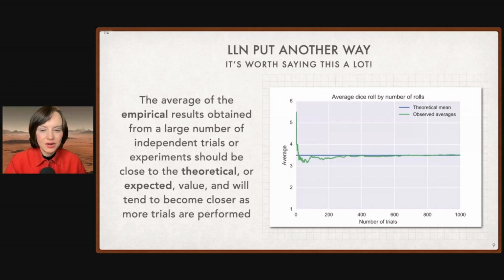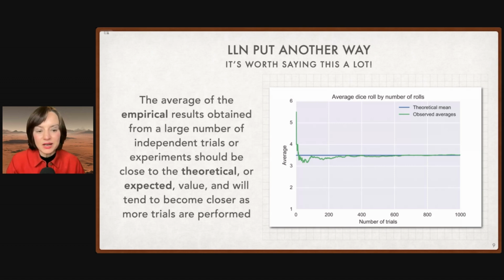So, to say it all one more time: the average of the empirical results, what we actually see in our data, obtained from a large number of independent trials or experiments, should be close to the theoretical or expected value and will tend to become closer as more trials are performed. A couple of other pieces of vocabulary here are empirical results versus expected or theoretical results.